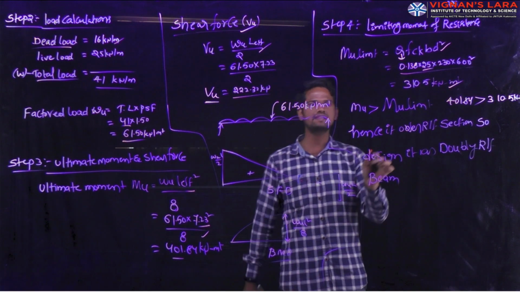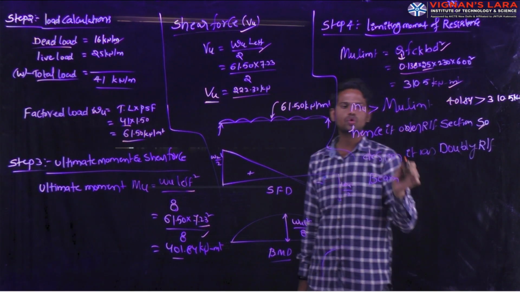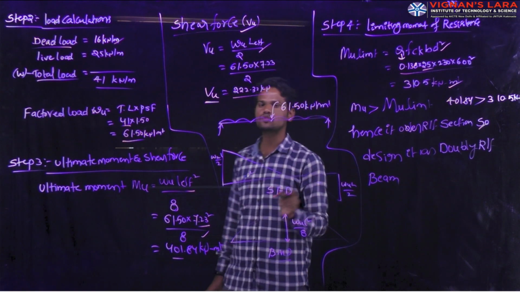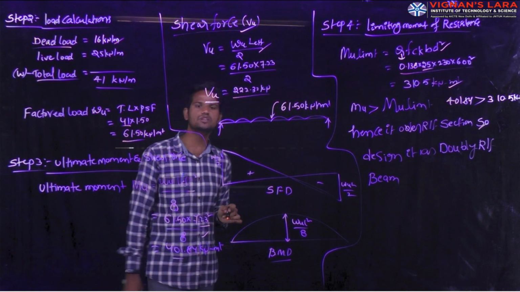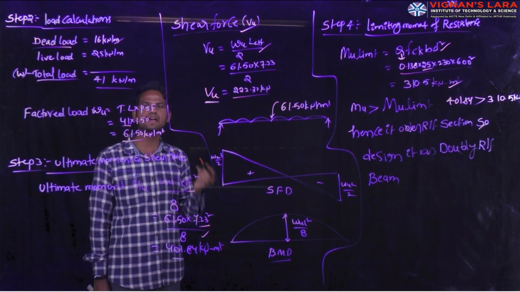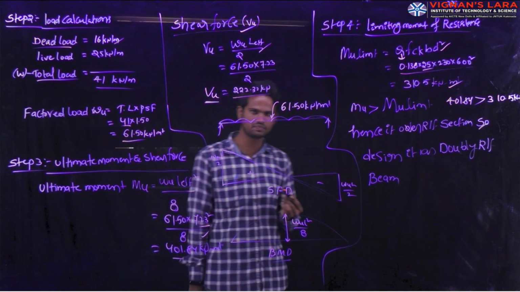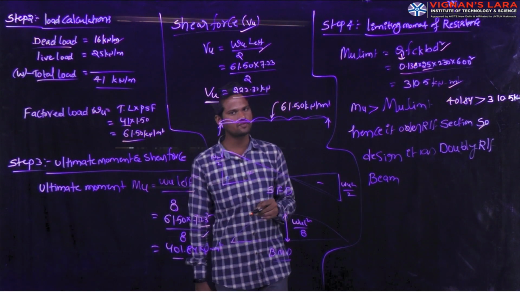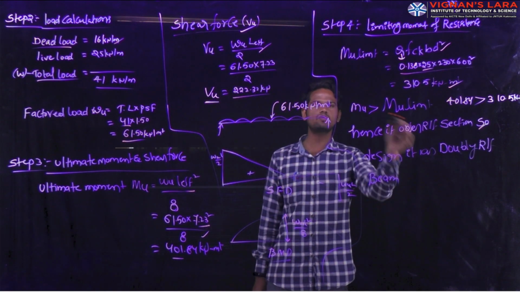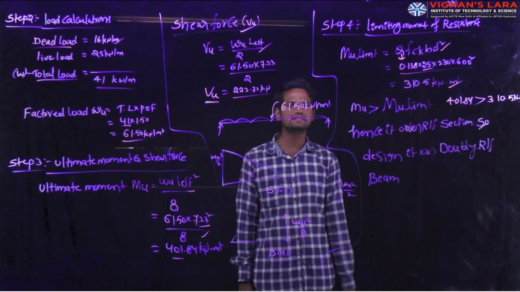It is observed that this section is an over-reinforced section, so design it as a doubly reinforced beam. In a doubly reinforced beam, instead of an over-reinforced section, we have to design the beam as a balanced section. If the beam is under-reinforced, you can design it as an under-reinforced section, whereas if you get an over-reinforced beam section, you have to design it as a balanced section.